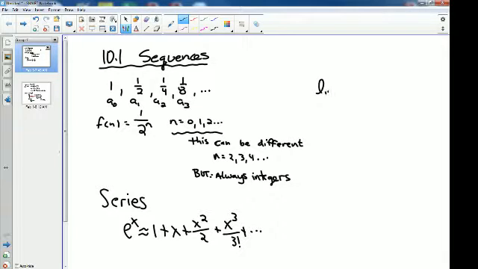Limit as n approaches infinity, 1 over 2 to the n. Okay. Have we defined limits for integers? Have we defined limits as an integer operation or as a real number operation? Right. So we can't actually do this problem.